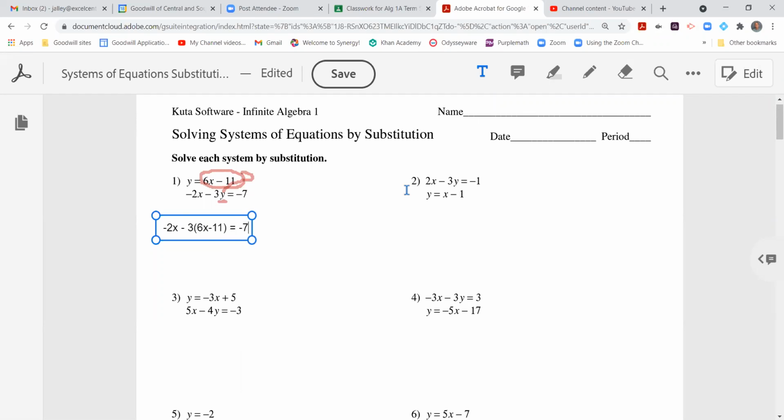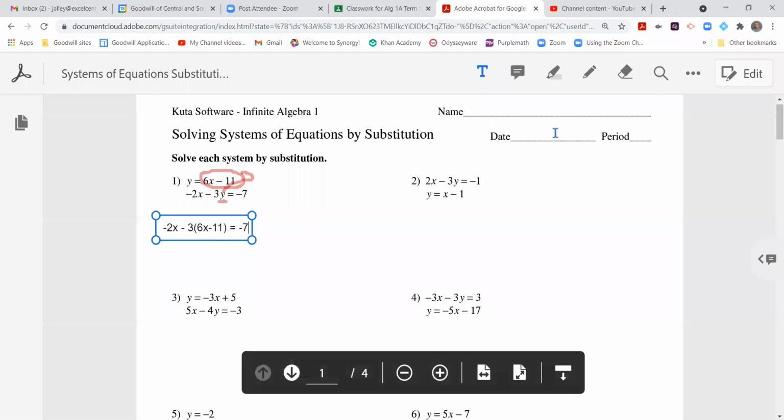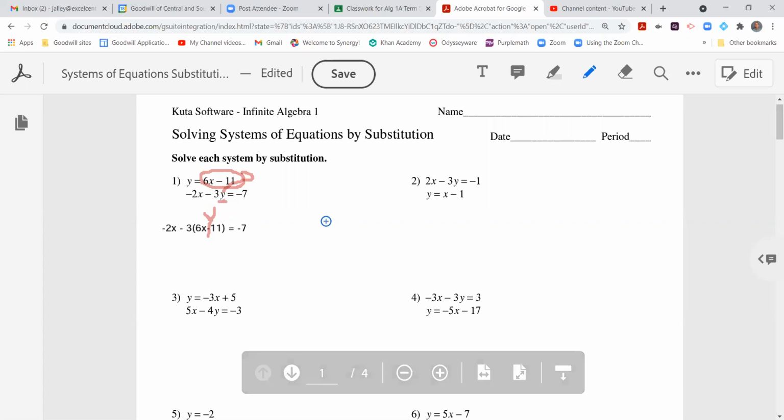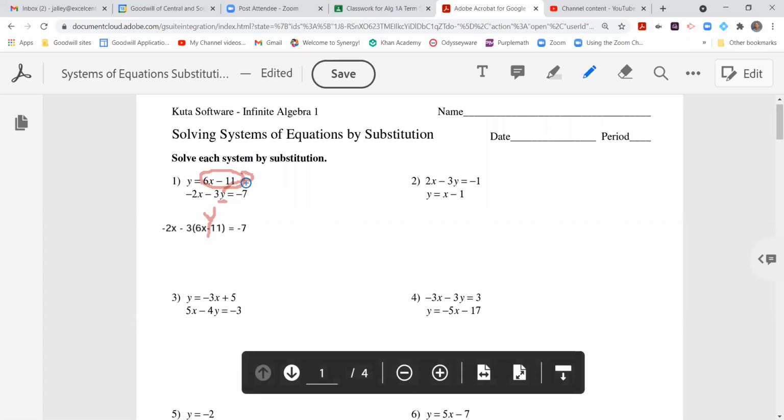So in some respects, it's an alternate way to do elimination because look what I ended up with. I ended up with an equation that now only has a single variable. What I started with was this, where the y was in the second equation. I took this expression here because it says y equals that.